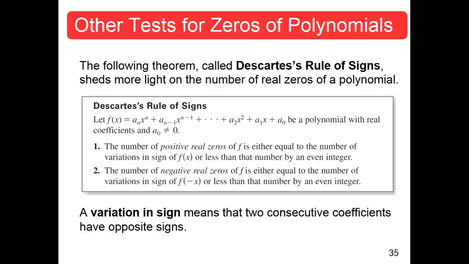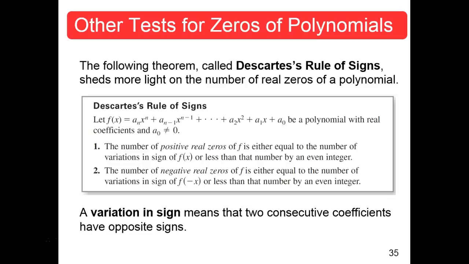Okay? And once you've rewritten that, count your number of variations in sign then. It's either that number, or subtract 2 from it, or subtract 2 from that. You keep going down. That's what you got. Variation in sign means that two consecutive coefficients have opposite signs. Now, to me, this description is blah, blah, blah, okay? It's a lot of words, and they really aren't easy to understand.